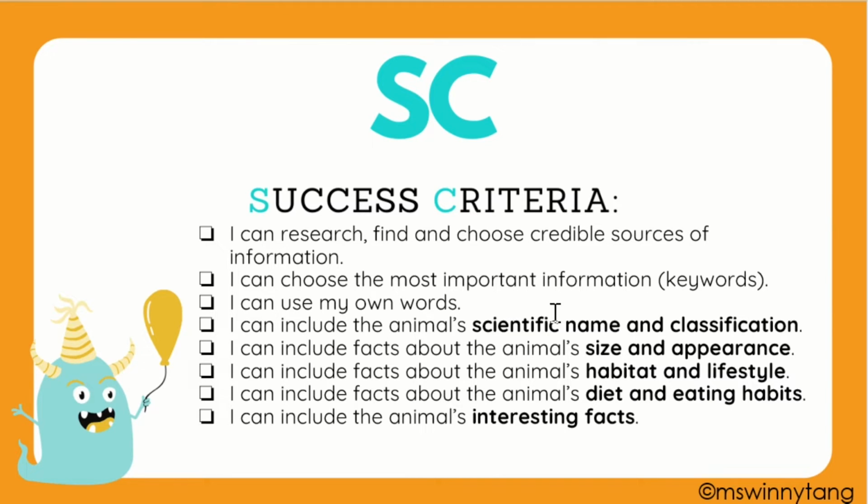We need to find information on their size and appearance, their habitat, their diet, and some interesting facts. So if you can find and gather all your information before you write, then it will make writing your information report a lot easier because you've got it all there ready to go.